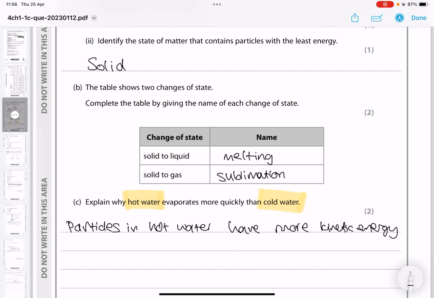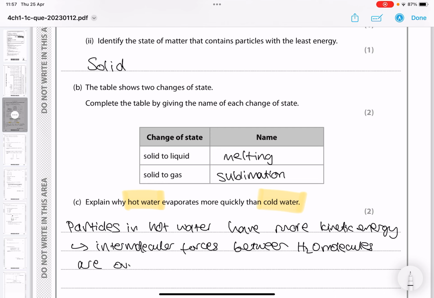And what this means is that the intermolecular forces between the water molecules are easily overcome. Okay, so if the particles are moving very rapidly, the forces are going to become weaker and eventually they'll become overcome. So this means that if the water is hot, the intermolecular forces between water molecules are overcome.